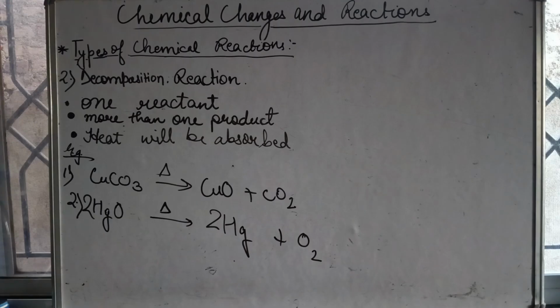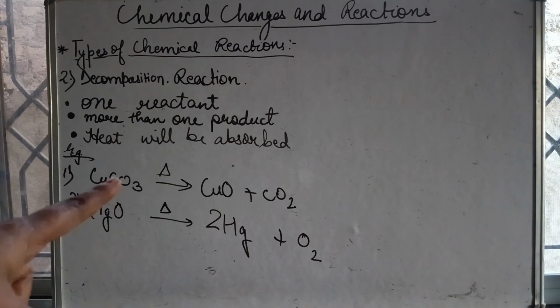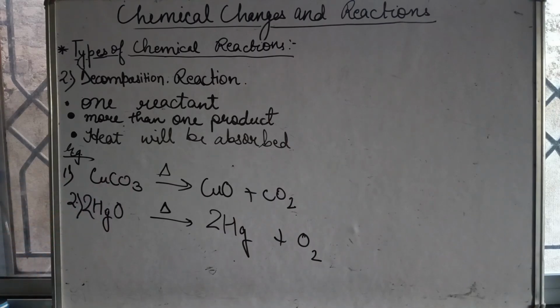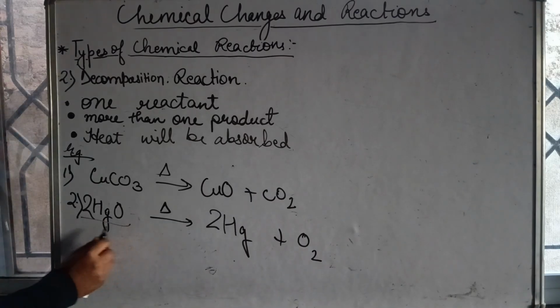Similarly here, CuCO3 is like two friends. We apply heat energy and separate them into copper oxide CuO and carbon dioxide CO2. Similarly for mercuric oxide, HgO.